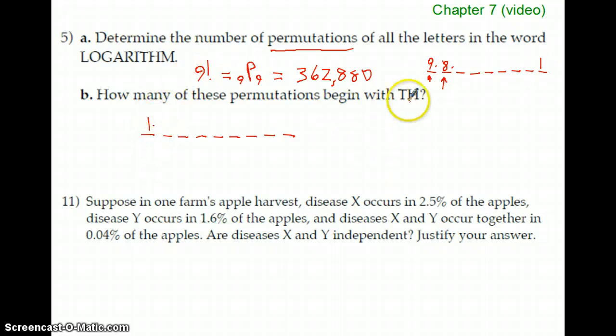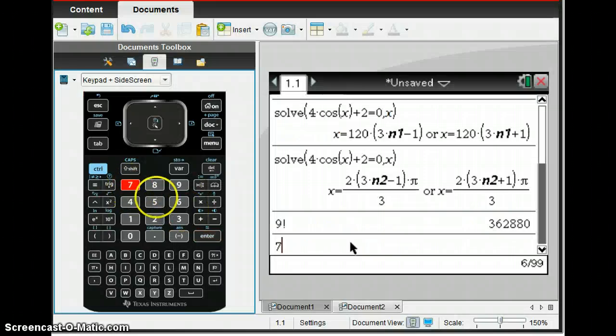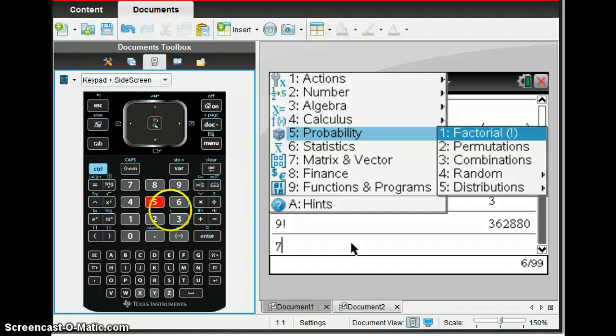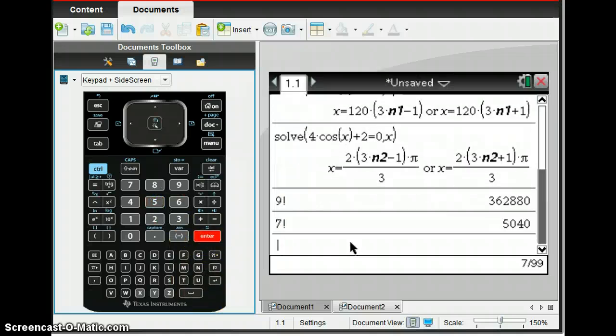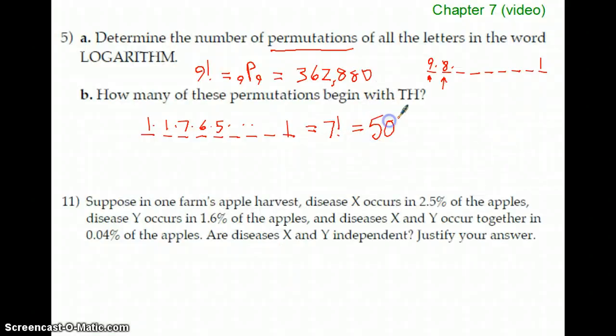And for the second letter, it has to be an H. After you do that, how many choices are there for the next one, and so on. So really, this is just 7 factorial. I'll just do 7 factorial on the calculator: menu, probability, top thing, go. 5040. Okay, great. All right, minute and a half left.